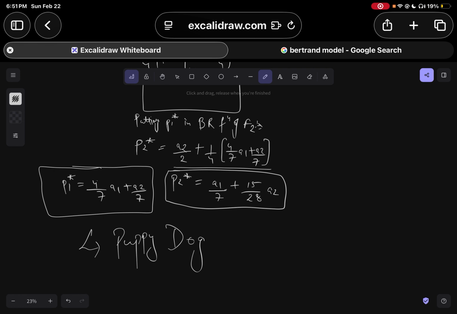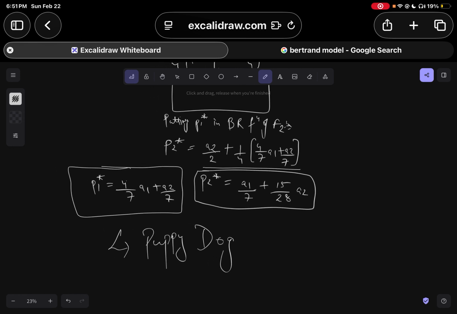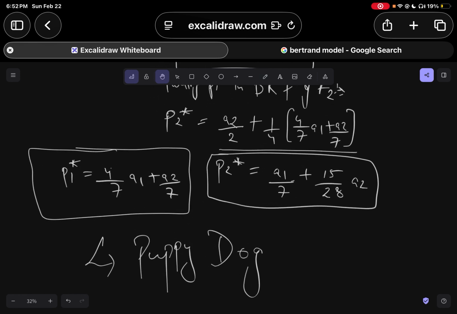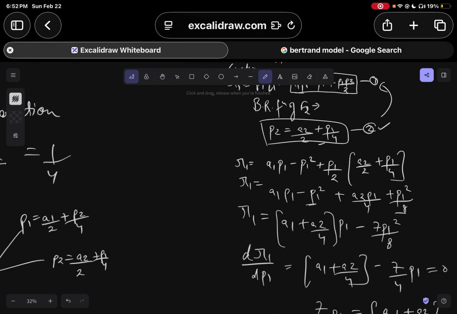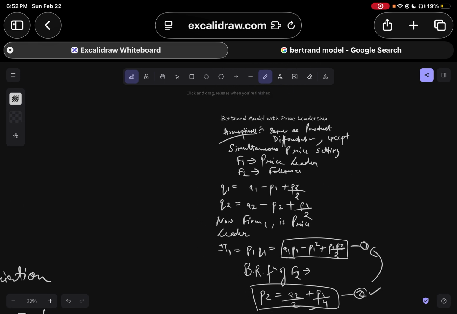It is because it is possible, with particular values of attributes, that P1 star may become lesser than P2 star, even though we know from the initial assumption that firm 1 is the price leader. With a particular set of attributes, P1 star can be lesser than P2 star.